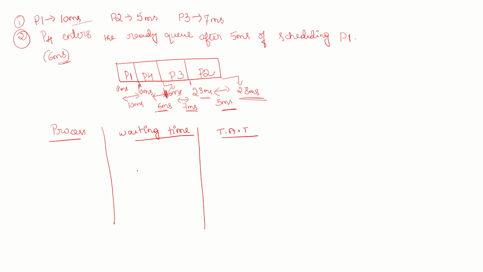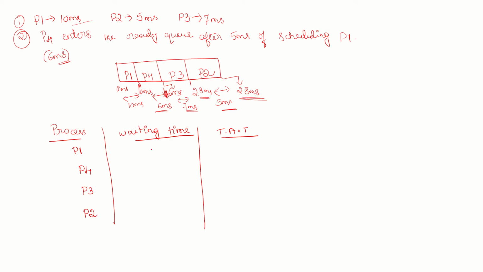Okay, now let me write the process in the order that I have written in this particular rectangular box. Okay, not the other order. Because of this, you will not miss any process, and you will not mix any process. Okay, P4, after that it is P3, next is P2.